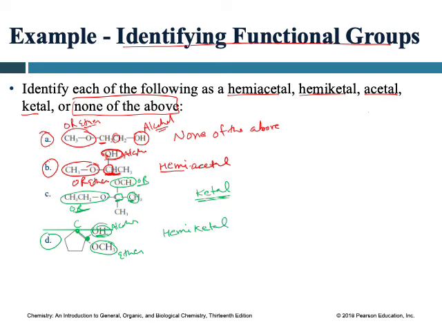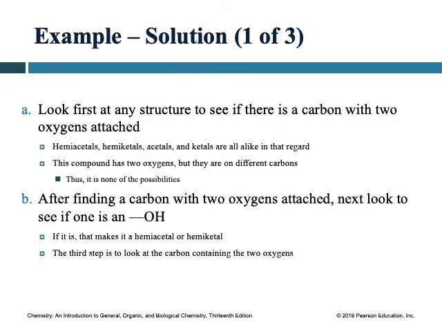Right. So make sure you practice this kind of problem to figure out which kind of groups you have in the given organic compound, whether it's ketal, hemiketal, hemiacetal or acetal. This is the solution that is already given to you, so you can have a read. I already explained why all those four are ketal, hemiacetal, whatever I wrote down in the previous slide, so you can just write it down.